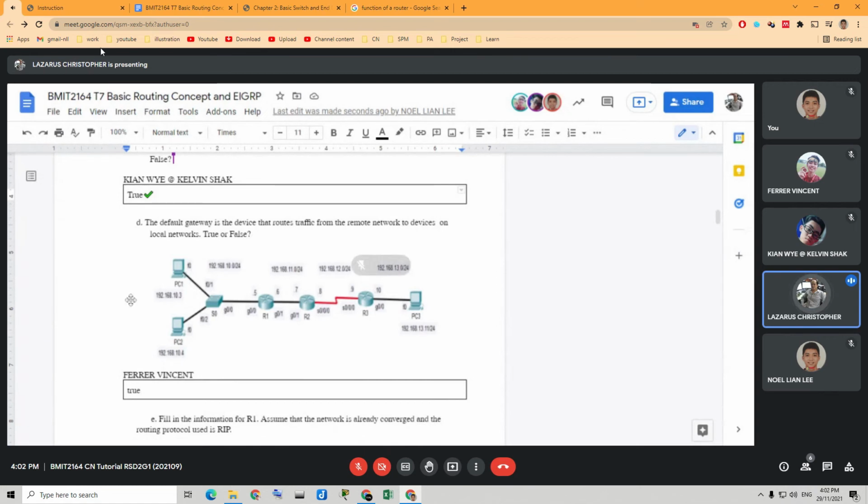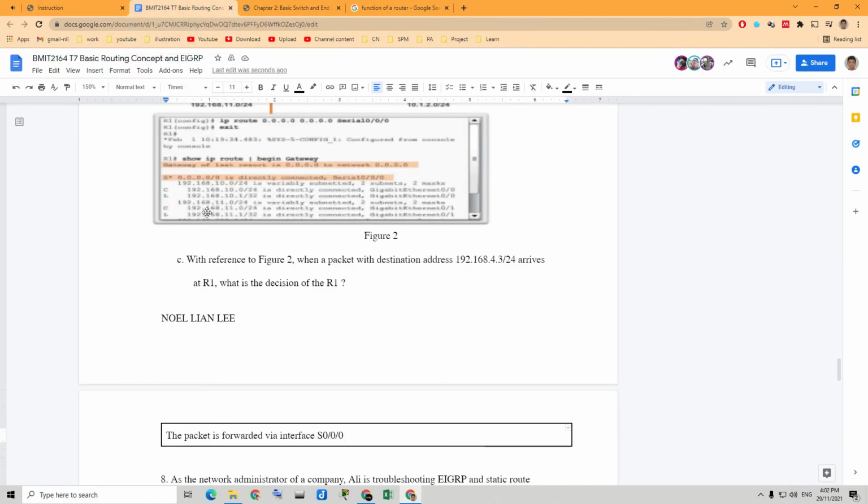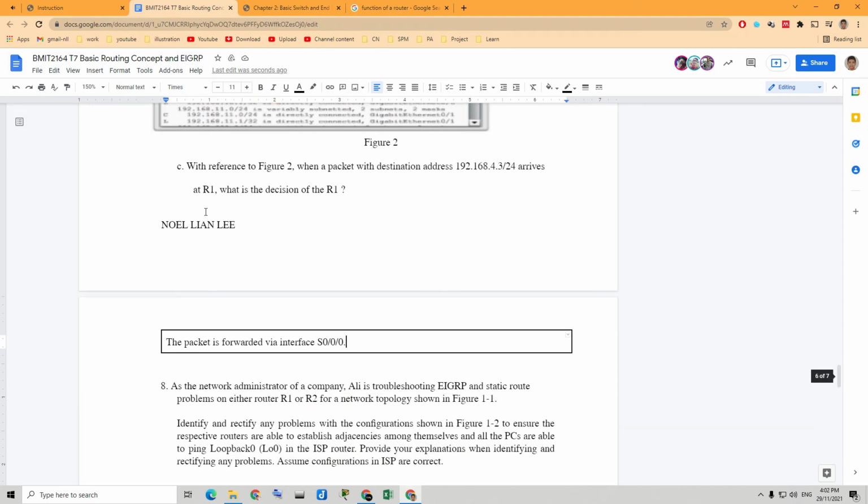So strictly speaking, the default gateway is not the only device that routes traffic from remote networks. Depending on the topology, the traffic goes through other routers as well, not only the default gateway.